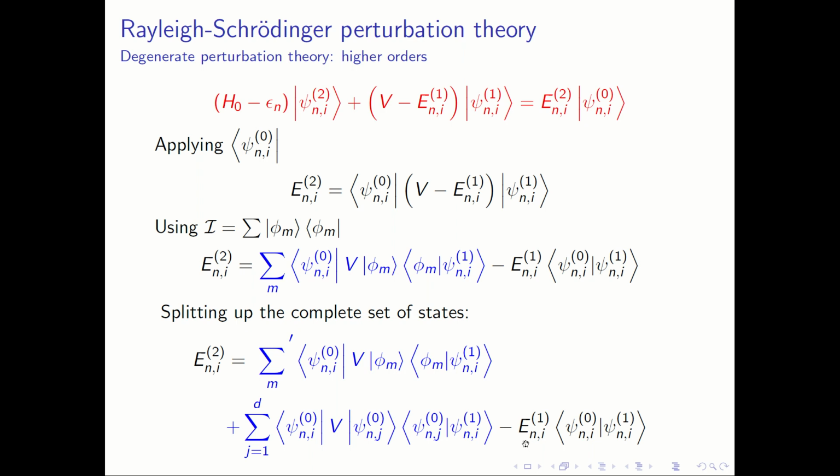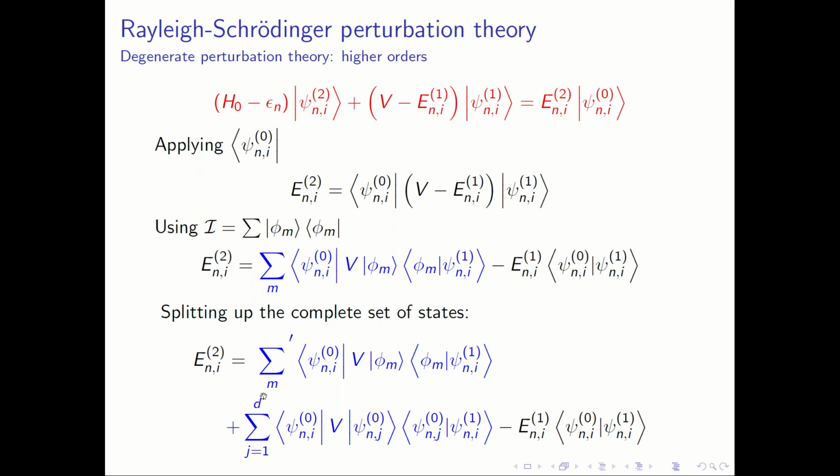But that is really not a problem, because notice that this is a diagonal matrix, which means the only terms that are non-zero here are where j is equal to i, and when j is equal to i, this term is nothing but E1 ni, the corresponding eigenvalue.